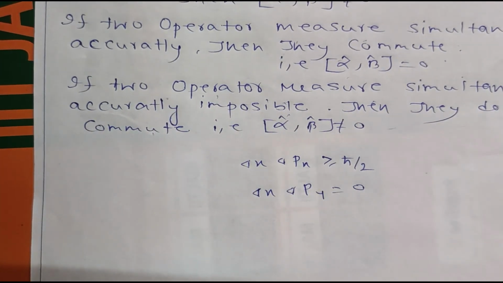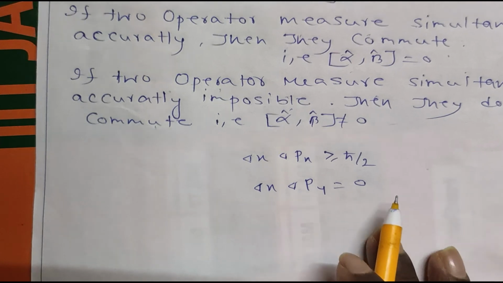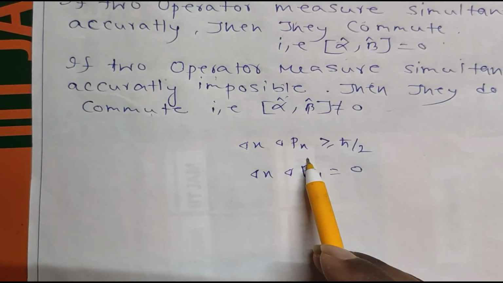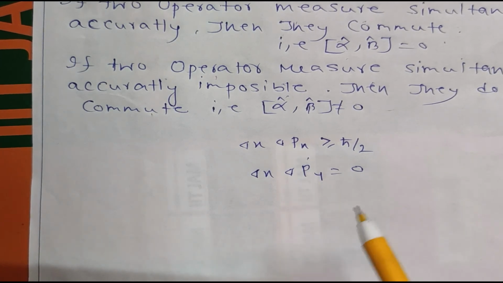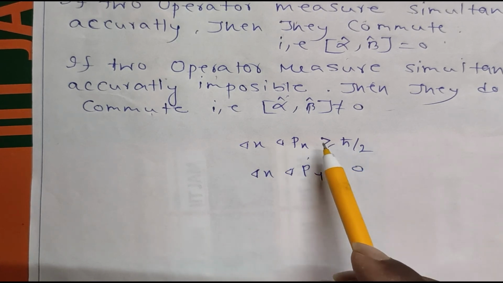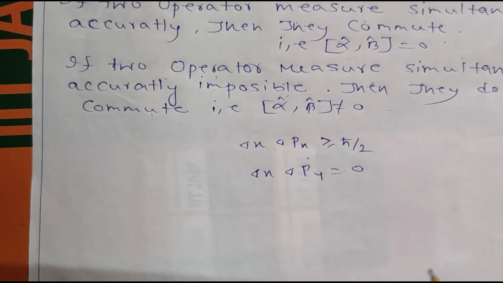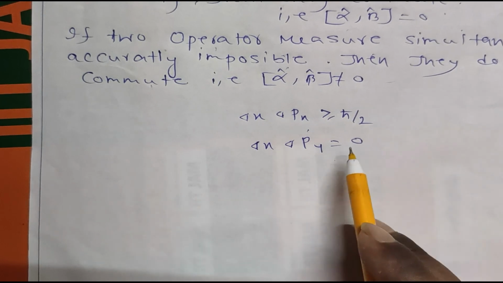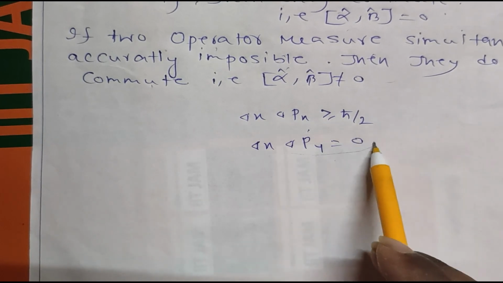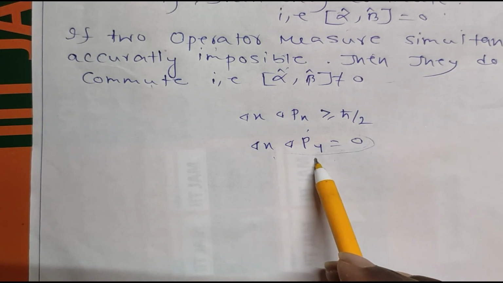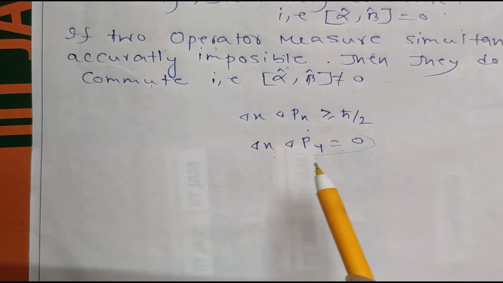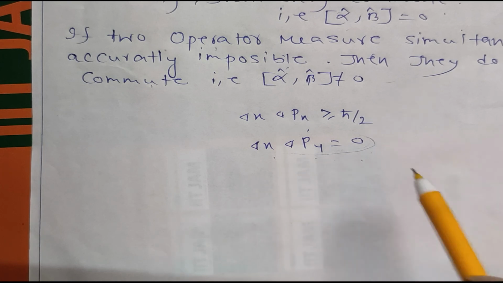In the Heisenberg uncertainty principle, we know that simultaneous measurement of x and px is impossible, so delta x delta px is greater than or equal to h-bar by 2. But delta x delta py is equal to 0, which means x and py commute, so they can be measured simultaneously and accurately.